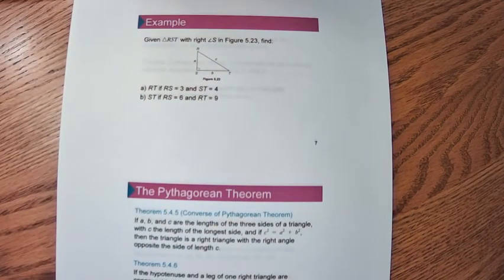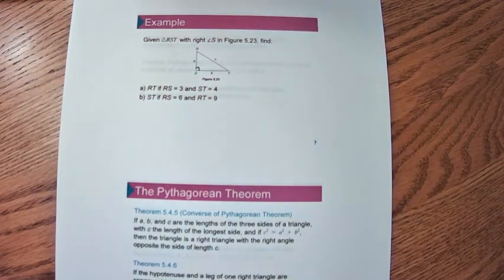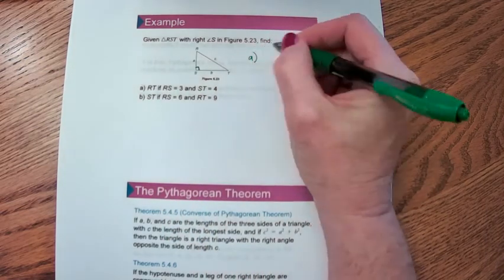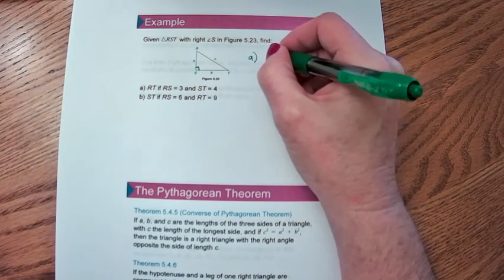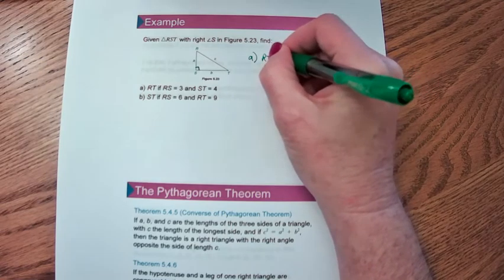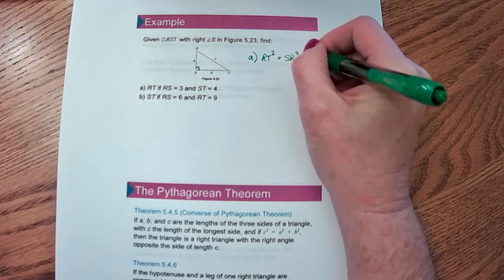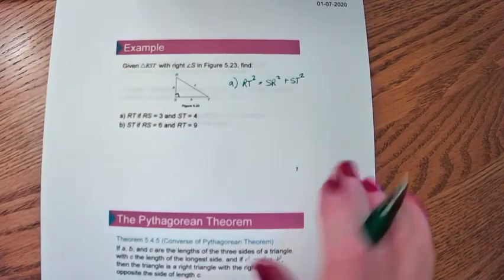So if I'm given this triangle, and I'm showing here that it's a right triangle, let's do condition A. We know using the Pythagorean theorem that RT squared is going to be SR squared plus ST squared. That's the Pythagorean theorem.